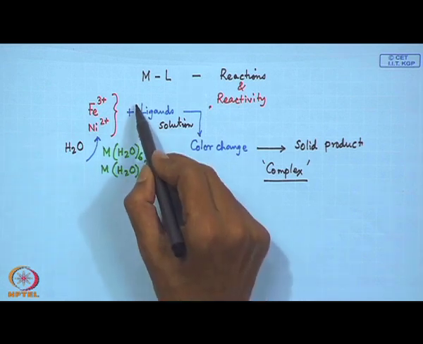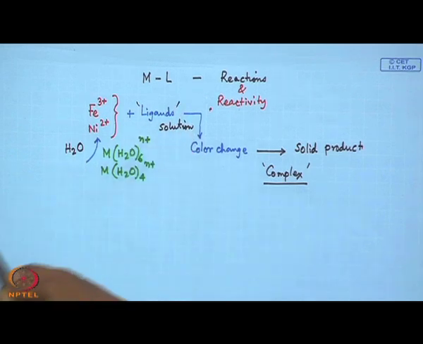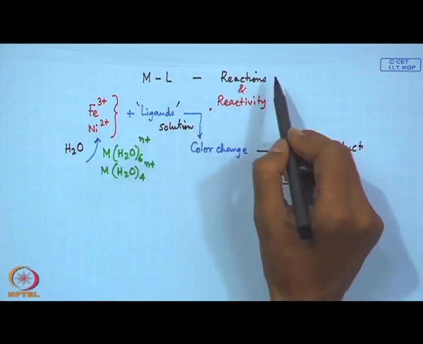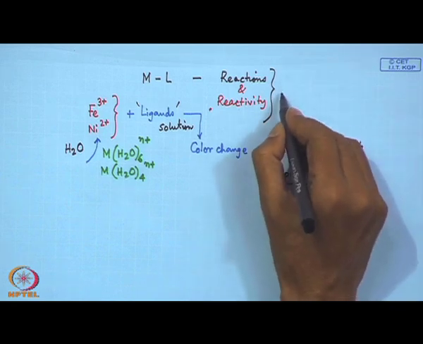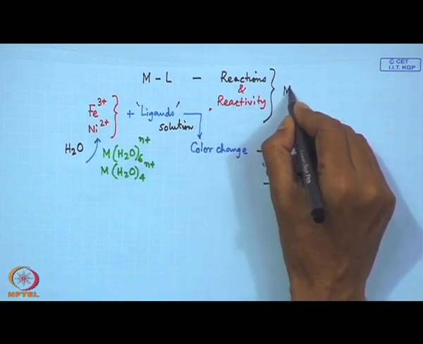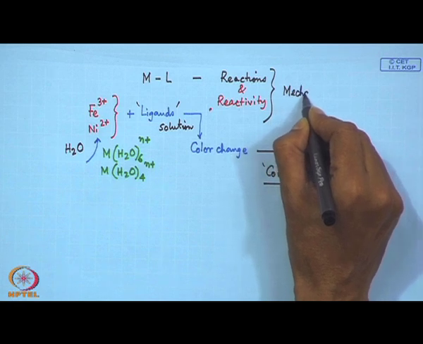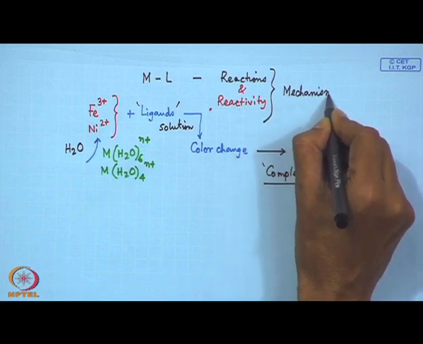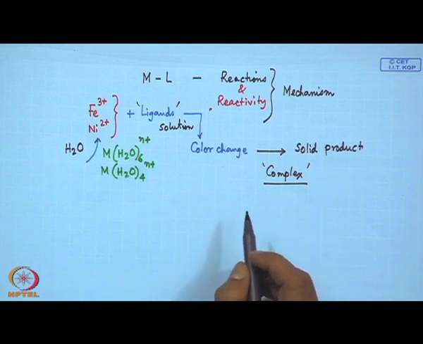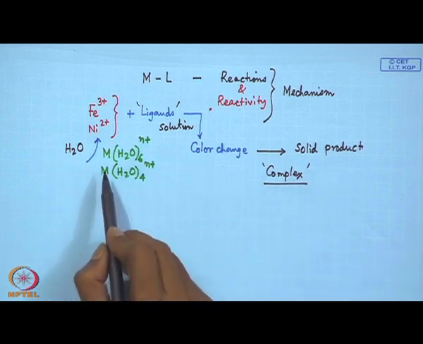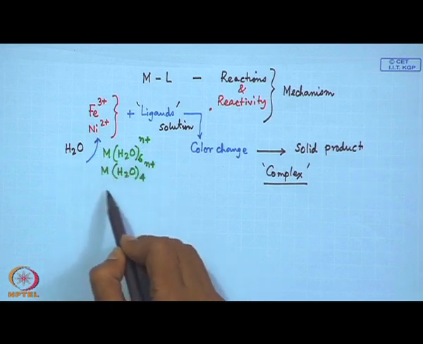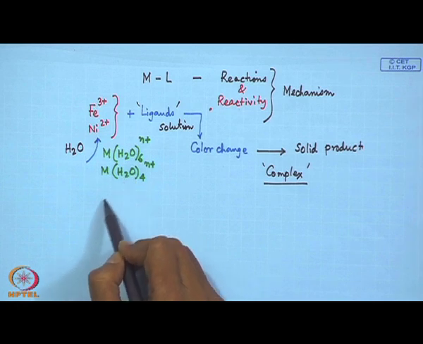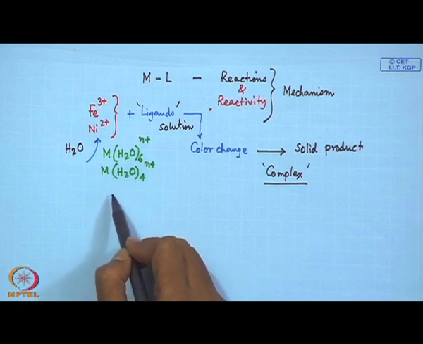So, what type of ligands we can have will tell us about the reactions and the reactivity of these metal ions with the ligands, such that ultimately we can propose some mechanism for those reactions, because since we consider these hexa-aquo or tetra-aquo metal ions, they are also in some form metal complexes.